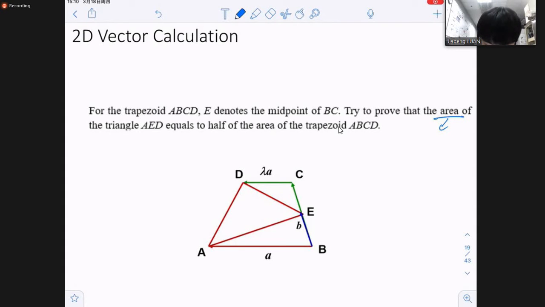For example, you have a parallelogram, and this is vector A and vector B. And this is a parallelogram ABCD. So what's the area of this thing? This is actually the norm of A cross B.